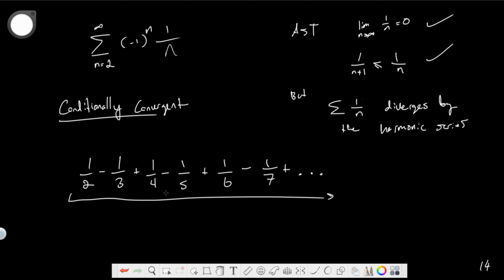The sum of the positive terms has no bound. It can get as big as I want. If I have 1/2, 1/4, 1/6, 1/8, that can get as big as I want because it diverges.